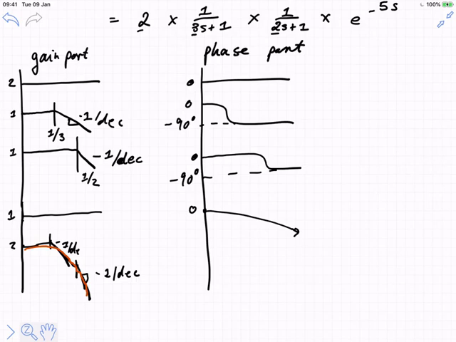Dead time has infinite phase because it kind of unwraps as it goes along.